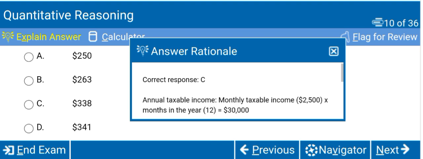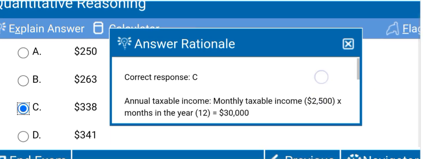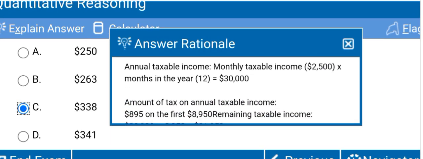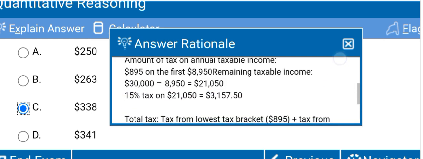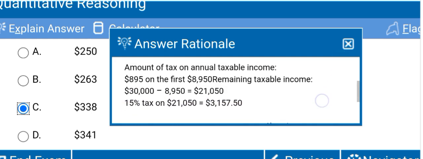So the correct option is C. Monthly taxable income, $2,500 multiplied by months in the year, that is 12, equals $30,000. Amount of tax on annual taxable income: $895 on the first $8,950.